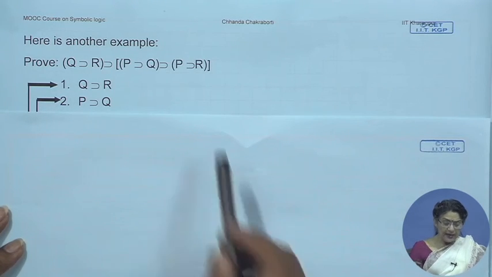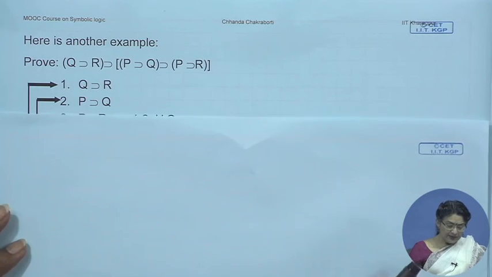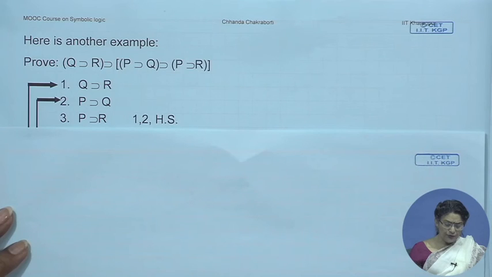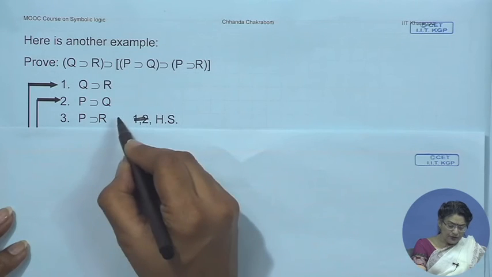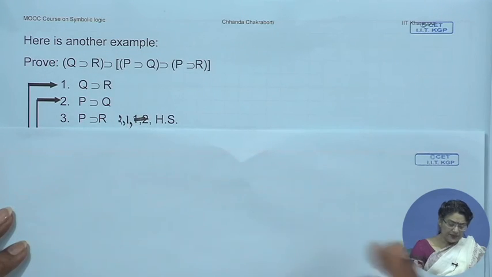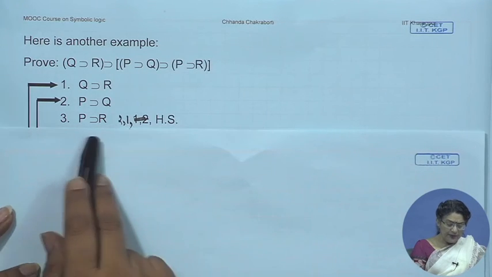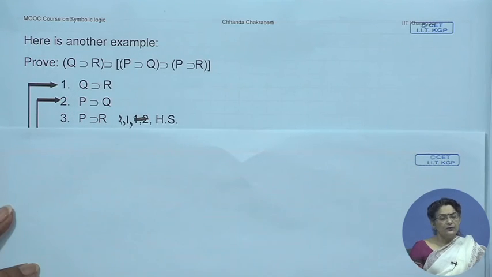Because I can see how you can immediately get P horseshoe R, right. So, that is my next step from 1 and 2. Sorry, this should be 2 and 1 by HS. That ordering is important because you are going to have P horseshoe R. So, 2 1 HS will give you this line P horseshoe R.